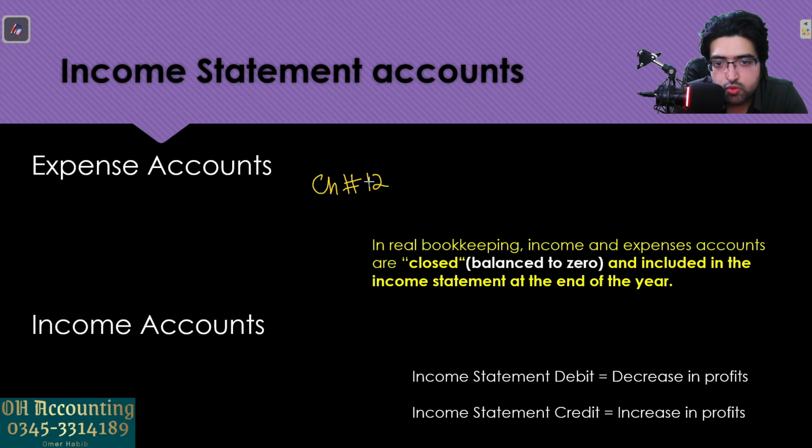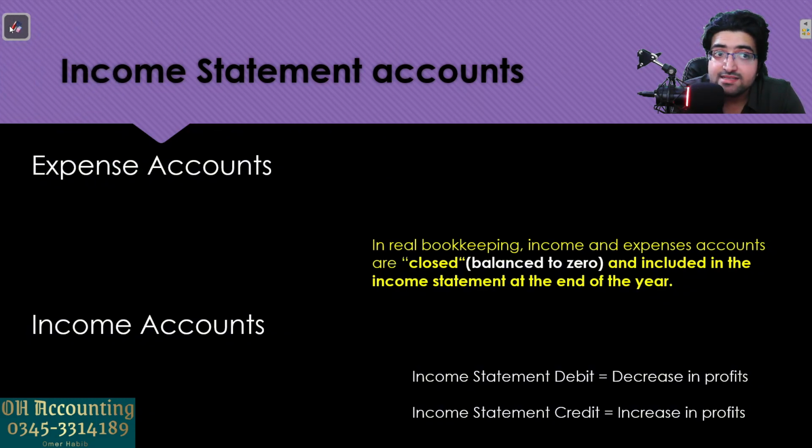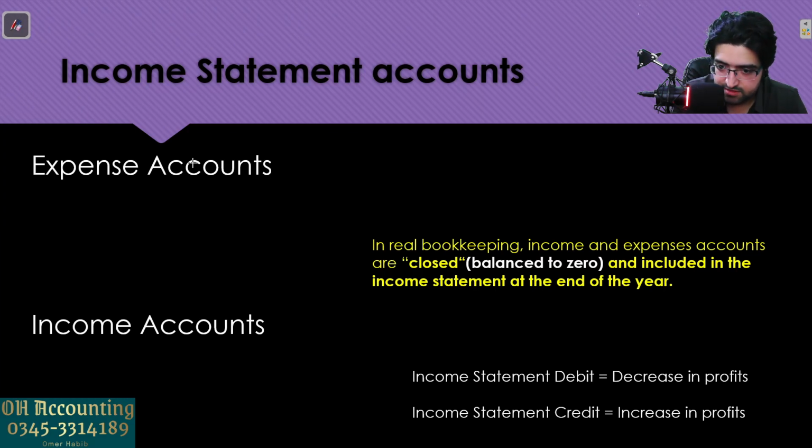So don't worry about those now, right? But in simple words, income and expenses accounts are closed at the end of the year. Their balances are brought down to 0 and they are moved to your income statement. Okay. See, I will give you an example in the next slide for both expense accounts and income accounts, and then it will be more clear to you.